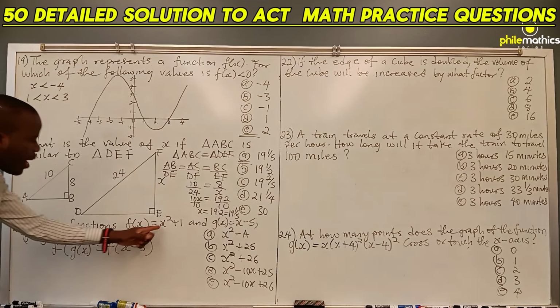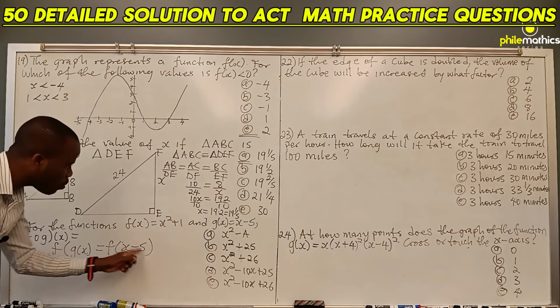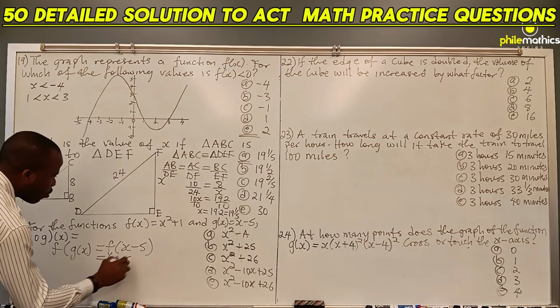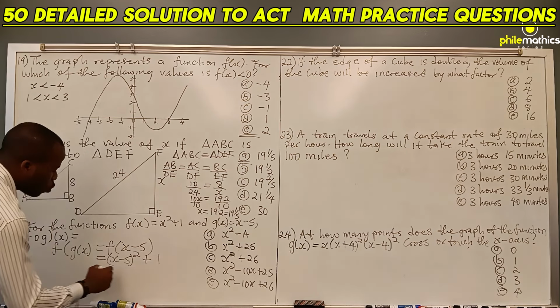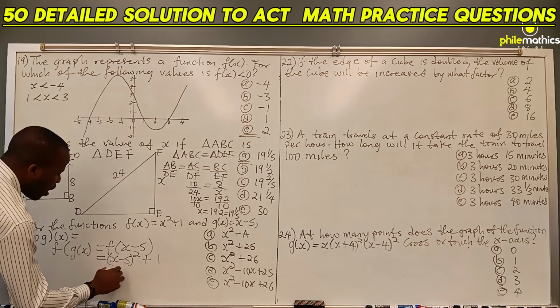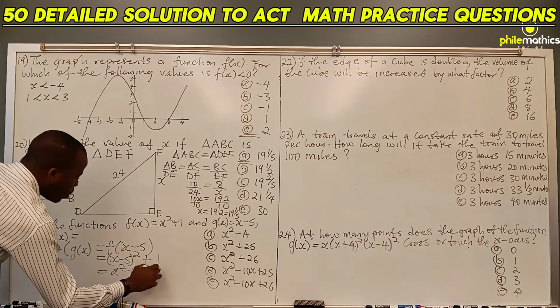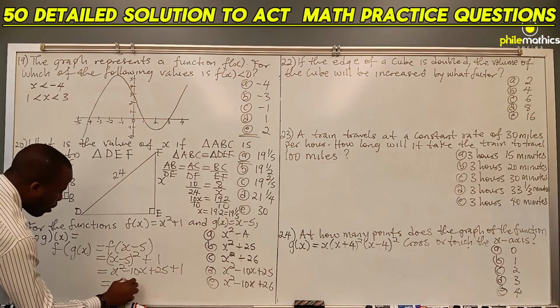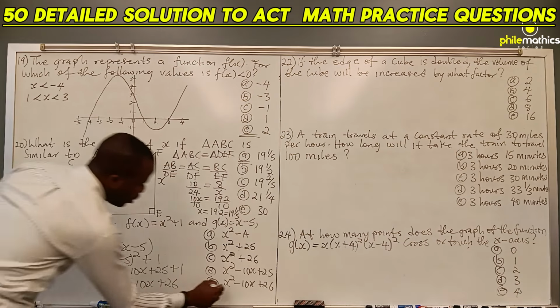In place of x in the function f, we substitute x minus 5, so that we'll get x minus 5 all squared plus 1. If we open this, we'll have x squared minus 10x plus 25 plus 1. So this is x squared minus 10x plus 26, which is E.